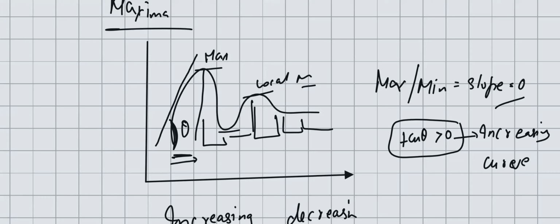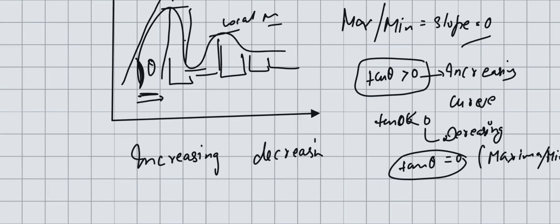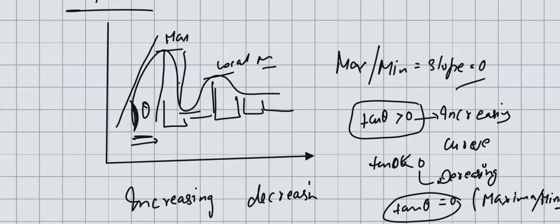All the points in the decreasing part have tan theta less than 0, decreasing. And for tan theta equal to 0, what does that mean? Either they are the maximum value or the minimum value. That is the thing.